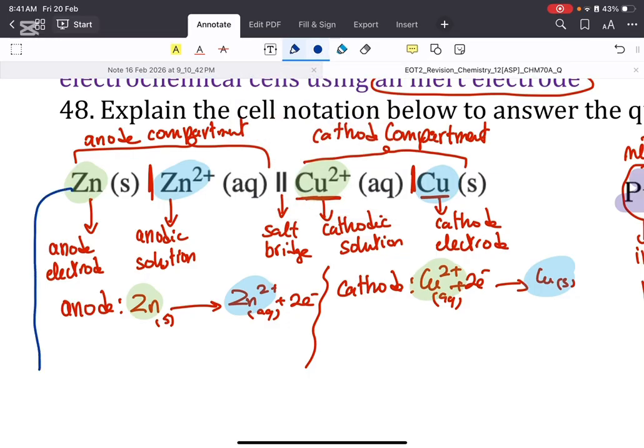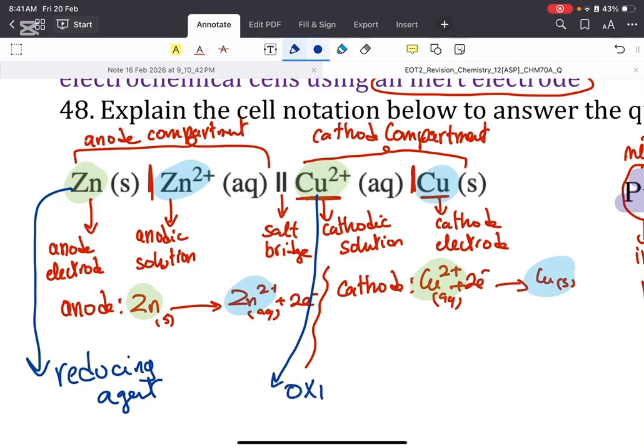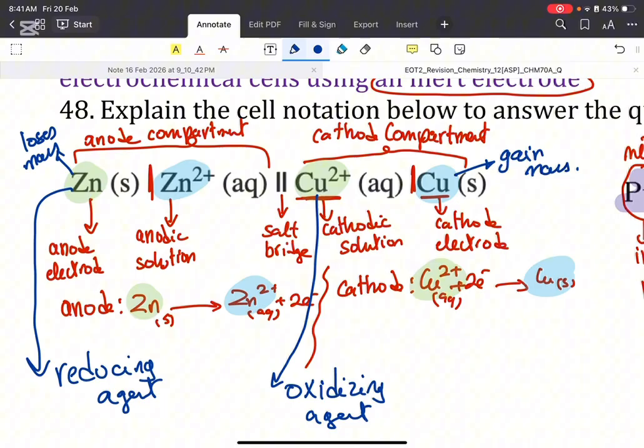So the one here is usually the reducing agent, and the one here is the oxidizing agent. This is the electrode that loses mass, and that's the electrode that is going to gain mass.